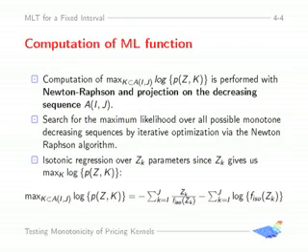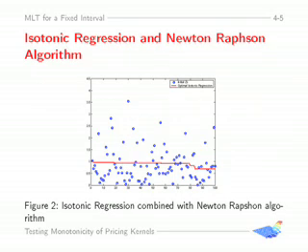This is done with the help of isotonic regression, which can be seen in this picture. We generated different zk, and with the Newton-Raphson algorithm we try to find the best isotonic regression, which gives us the maximum likelihood. It is usually a stepwise function, the red one, which is the optimal isotonic regression that gives us the maximum likelihood.